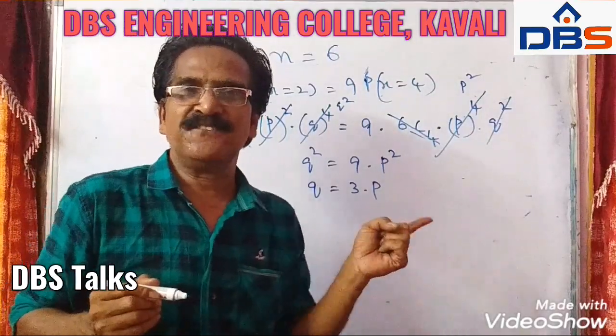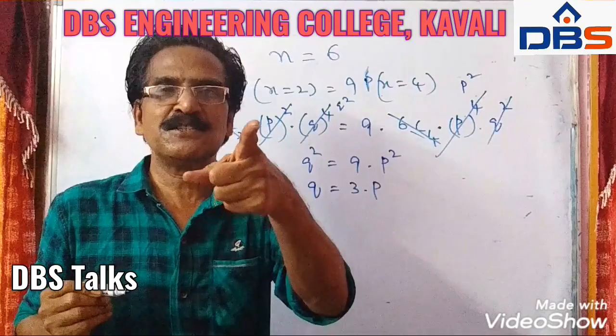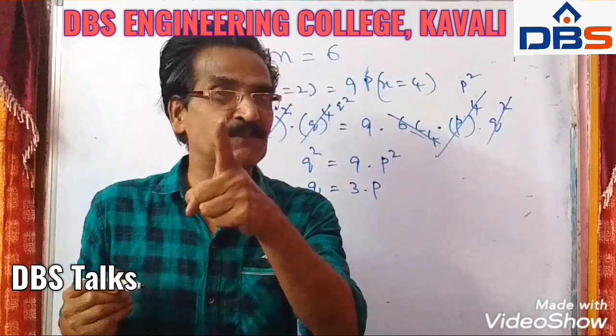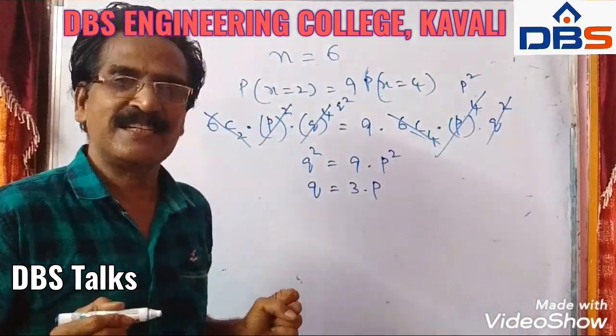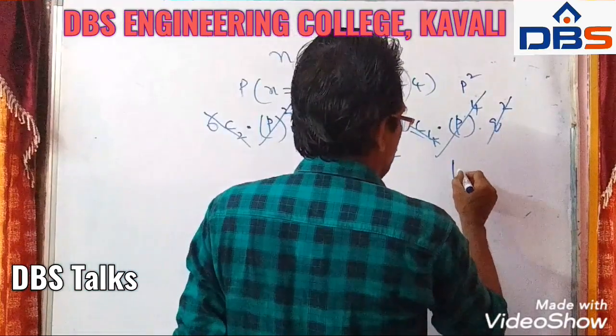And from this equation, friends, we can find p and q values. We know the equation p plus q is always equal to 1.